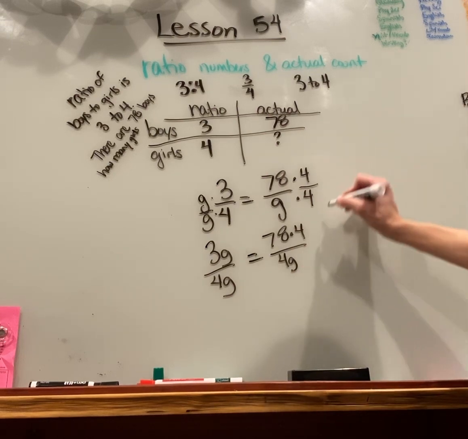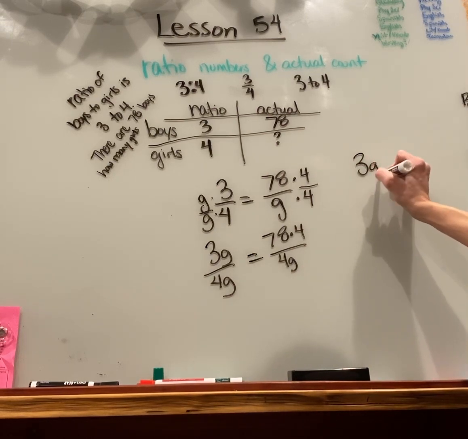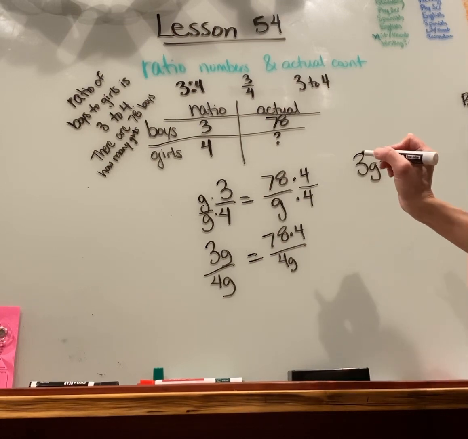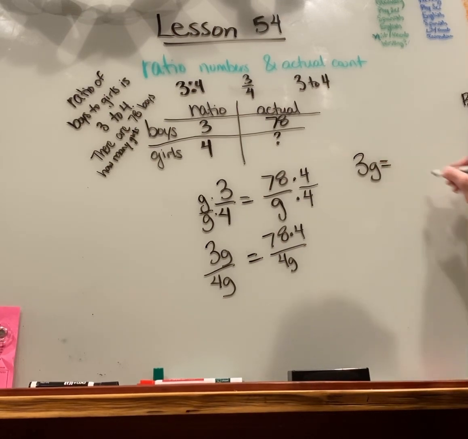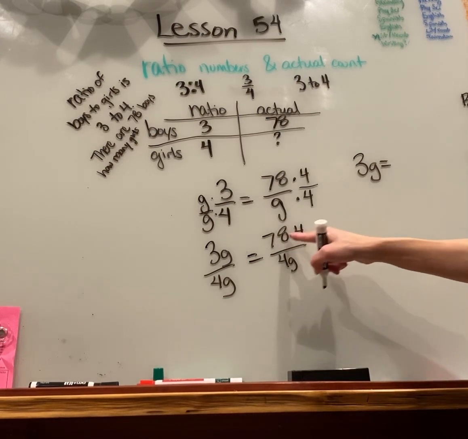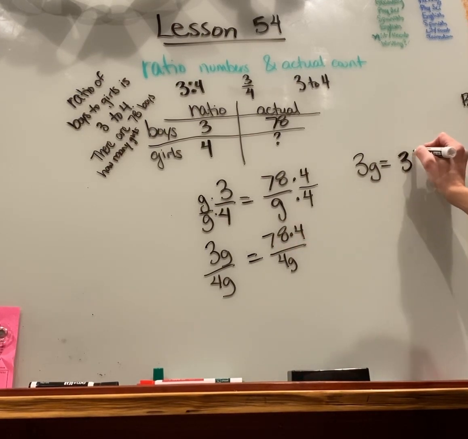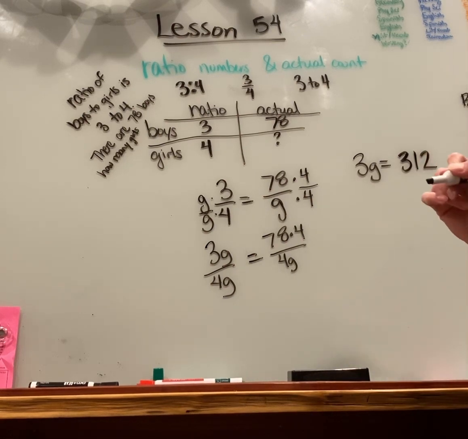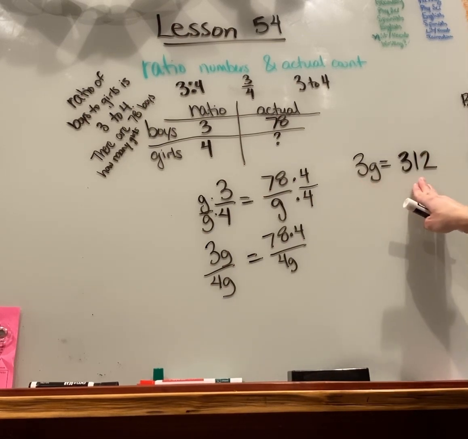So now we have 3G is equal to 78 times 4. I'm going to have to do a quick calculation because I don't know what that is. So 78 times 4 is 312. I sure hope I'm right. Okay, so 3G is equal to 312.